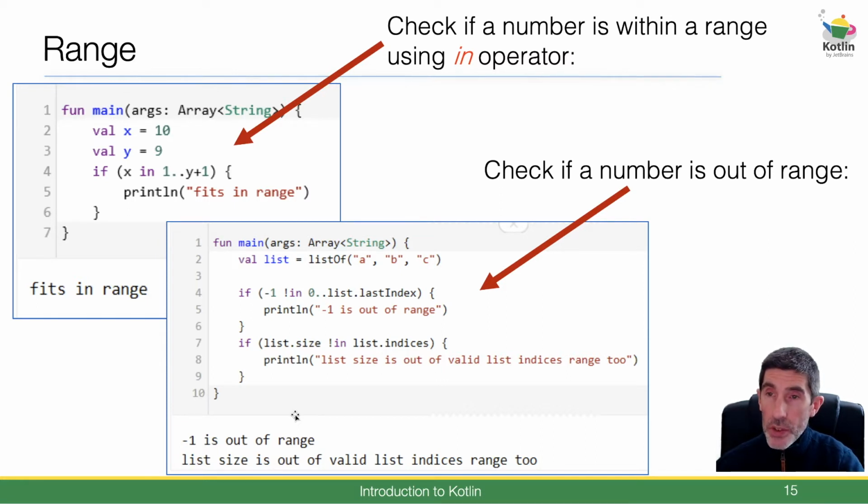So again, different examples of how to use the in operator with different types of ranges. Whereas the first example was just some basic numbers, the other examples are working with lists and indices from that particular list. So there's quite a lot of flexibility that you have with the in operator and what you can do with it.